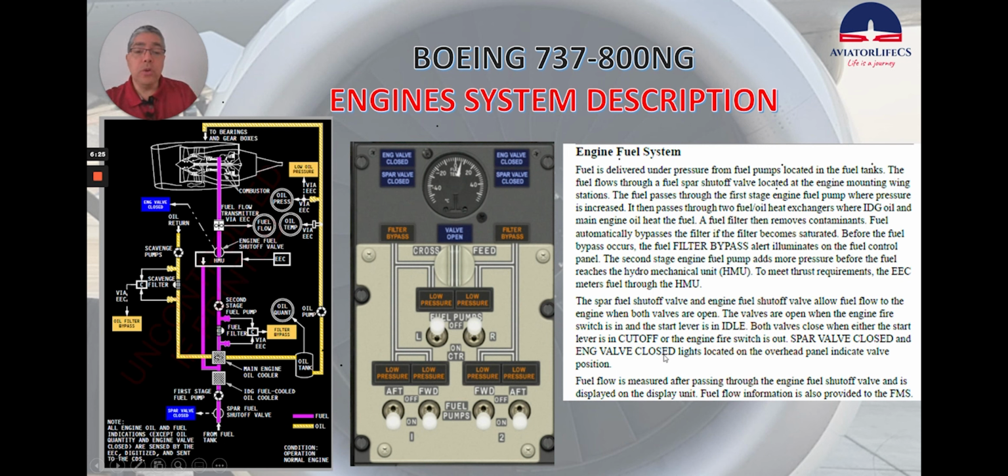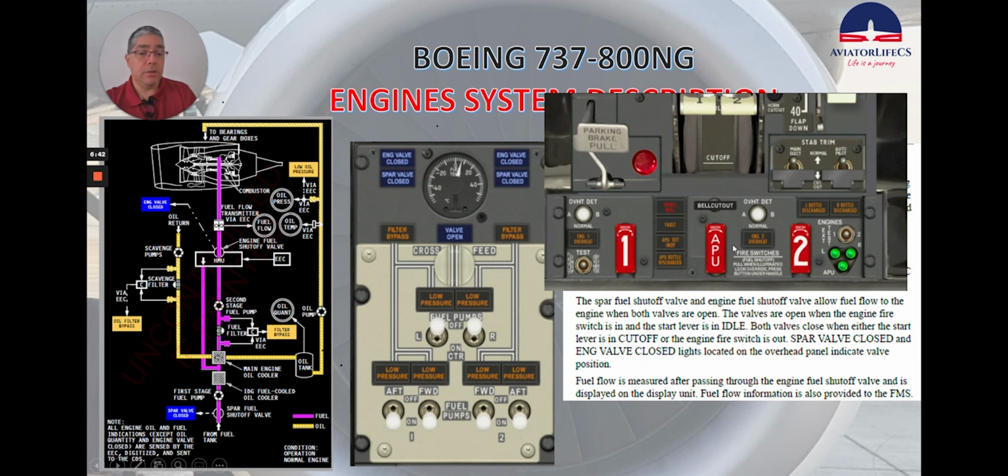The spar fuel shut-off valve and engine fuel shut-off valve allow fuel flow to the engine when both valves are open. The valves are open when the engine fire switch is in. Remember, those switches are in, and the start lever is in idle position.